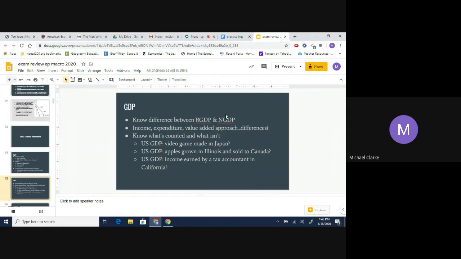There's the expenditure approach, which is what the government, consumers, investments, and exports are produced and what they sold for. And the value-added approach. So that would be like your companies that make products that are used as an input for other goods and services.